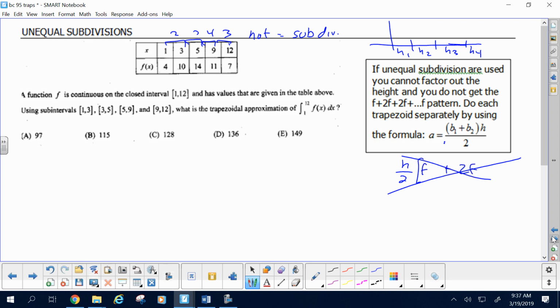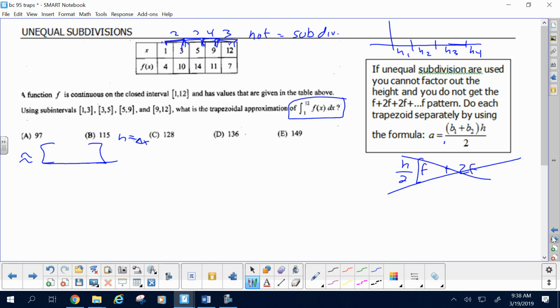So, as an example, say I gave you this and I wanted you to approximate the area from 1 to 12 under f. You would do 1, 2, 3, 4 trapezoids, which they tell you to use. The first trapezoid: the height is delta x.